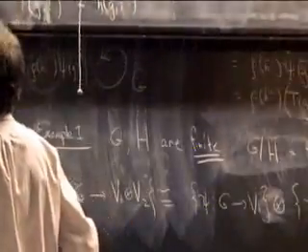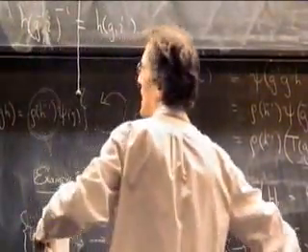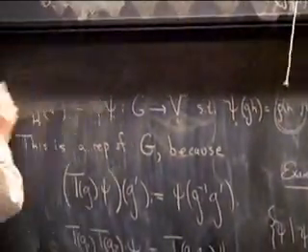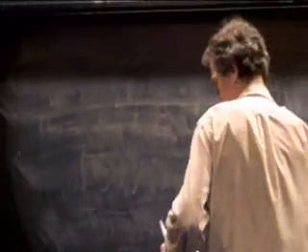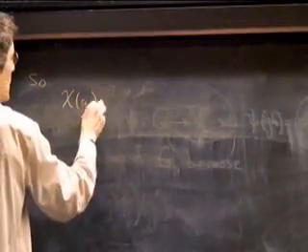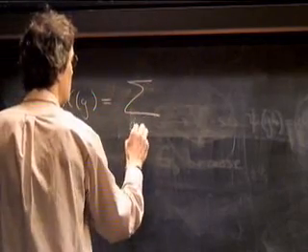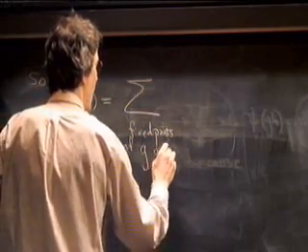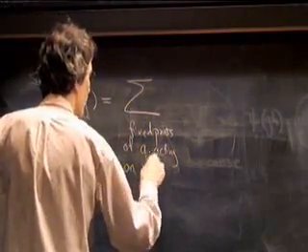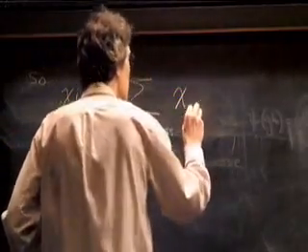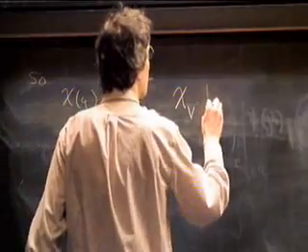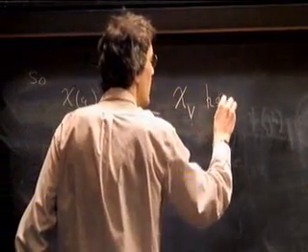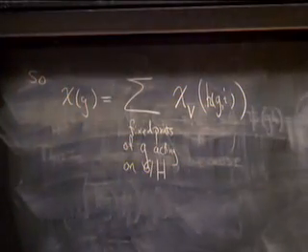So what I'm saying is, chi of g is equal to the sum over fixed points of g acting on G mod H of the trace for that fixed point, in the representation V, of h of g, i.